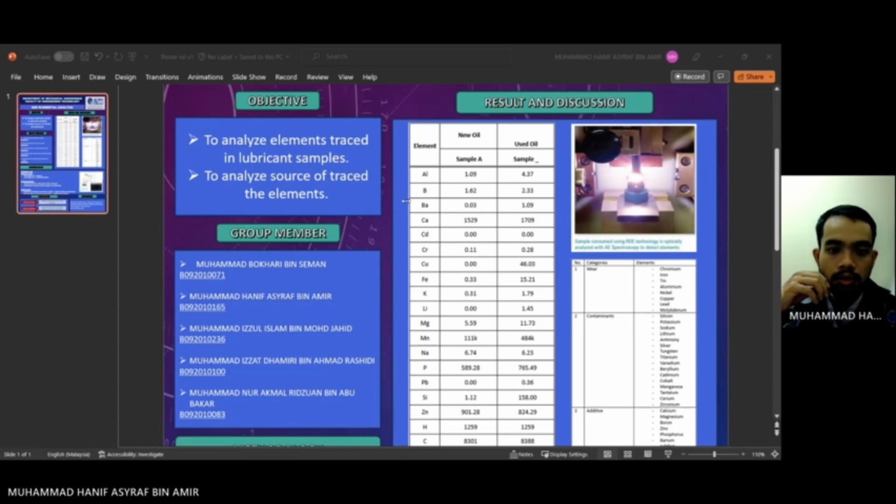We could see contaminants such as cadmium, potassium, sodium, silicon, lithium, and manganese. The cadmium value has not increased, but the other elements have a significant increase in value.